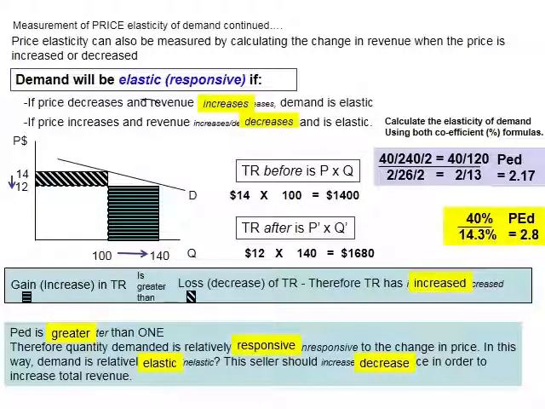Note the variation. 2.17 is not equal to 2.8, but this is not important because it's significantly above 1. The next two slides require you to do exactly the same calculations, and in the next one you'll find that demand is inelastic, and in the third one that demand is unitary.